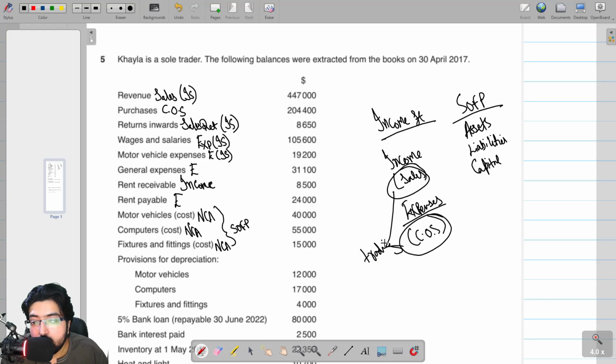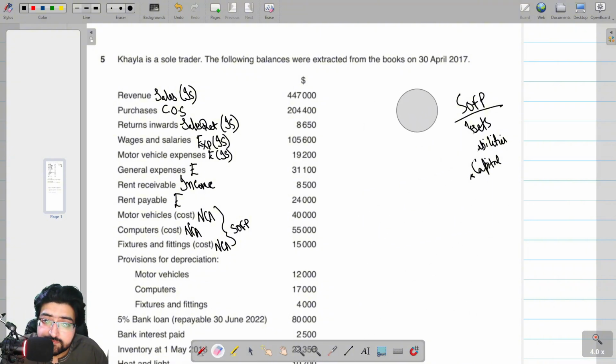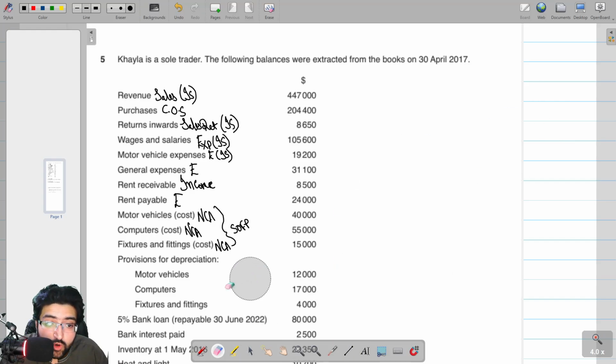And then we mention all the other incomes and expenses of the business. So in a way, income statement contains incomes and expenses of the business, whereas SOFP contains assets, liabilities, and capital of the business. Okay. Erasing this and moving on. Provision for depreciations.